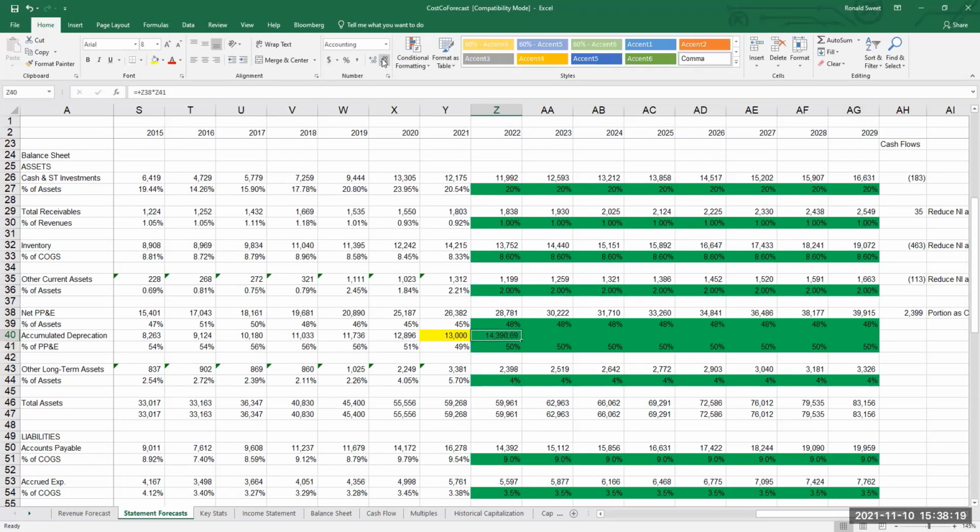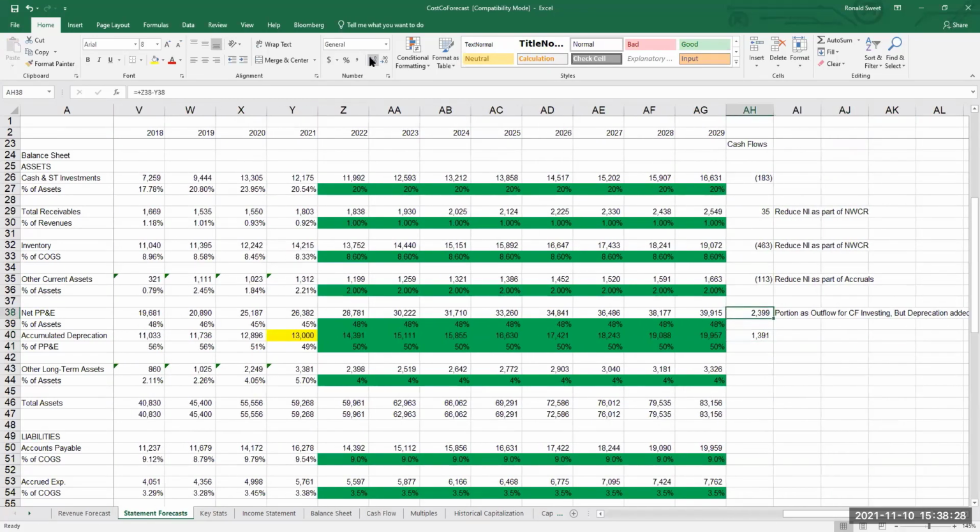So accumulated depreciation. Now we do have the change in accumulated depreciation. So the change in property, plant, and equipment plus the change in accumulated depreciation goes to cash for investing. Everybody agree with that? And this we're going to add back to CFO.